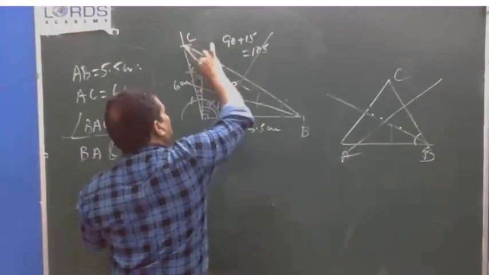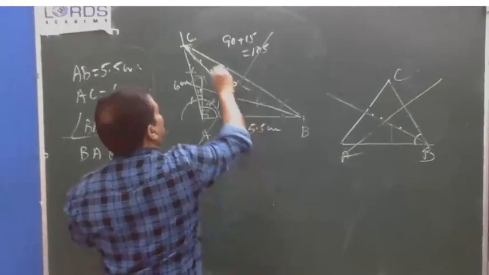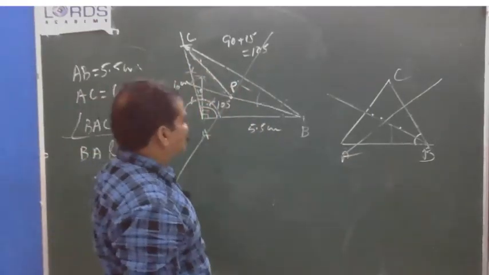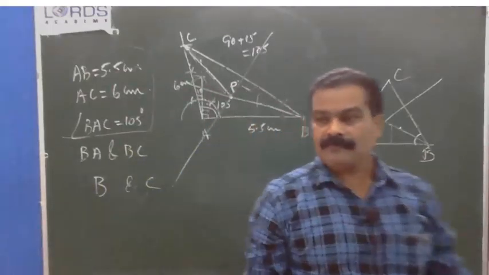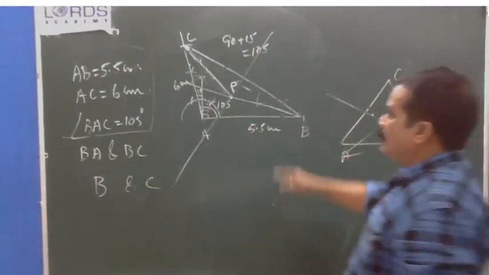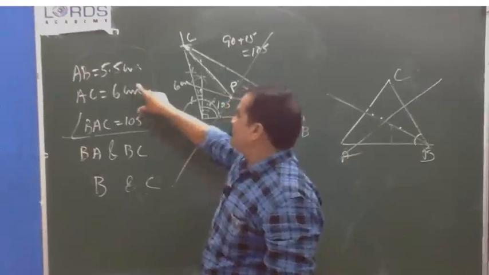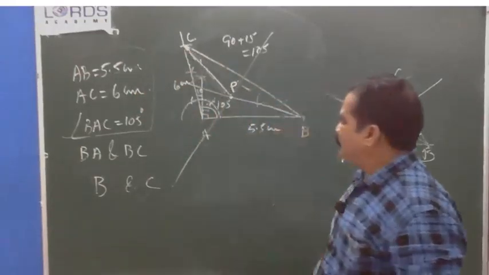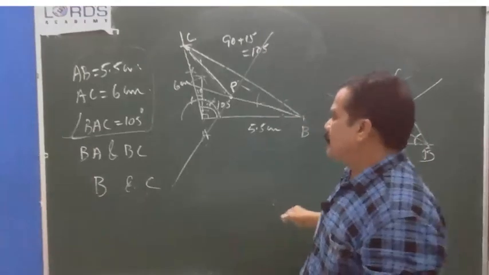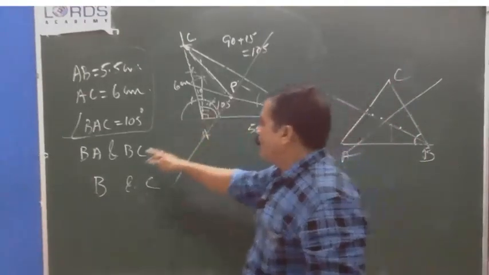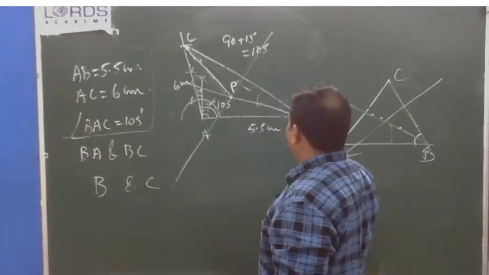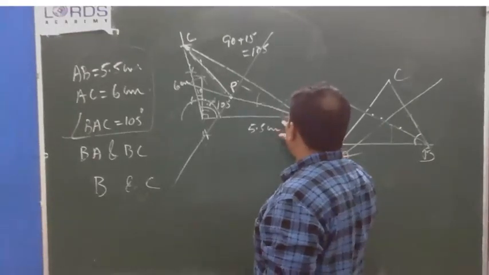Measure the length of this PC. You have to find out the length of PC. This is the question. First of all, using these measurements, draw the required triangle and construct the locus of points equidistant from BA and BC, that means the angle bisector of angle ABC.